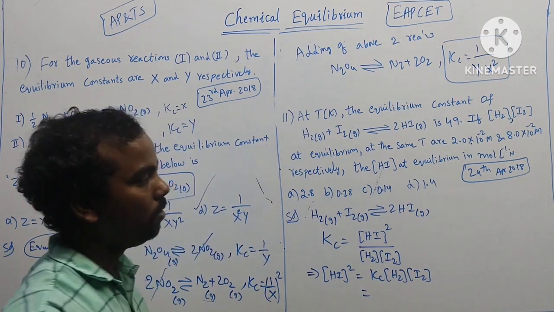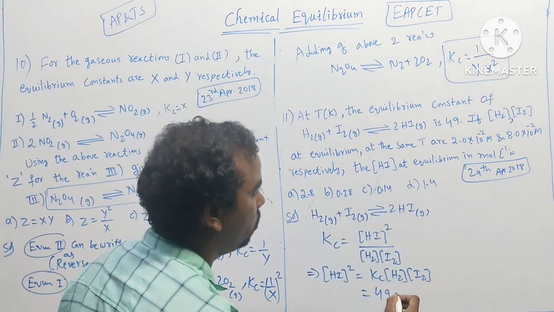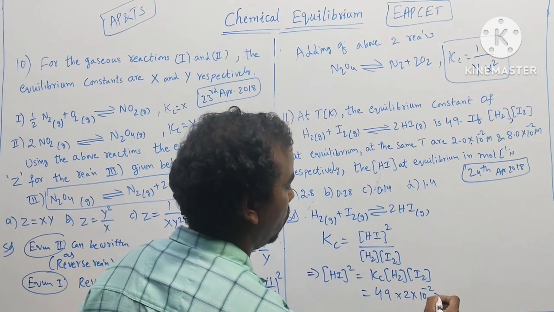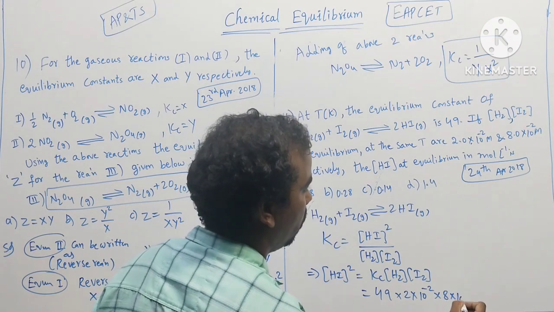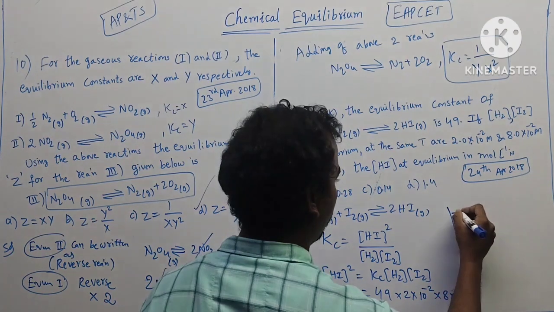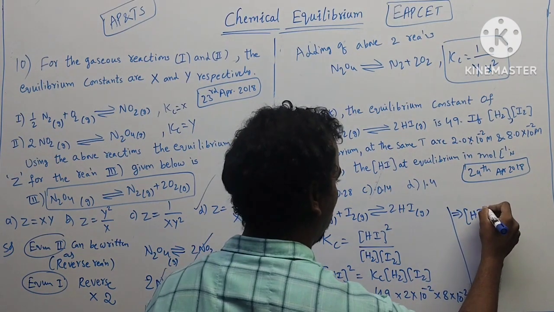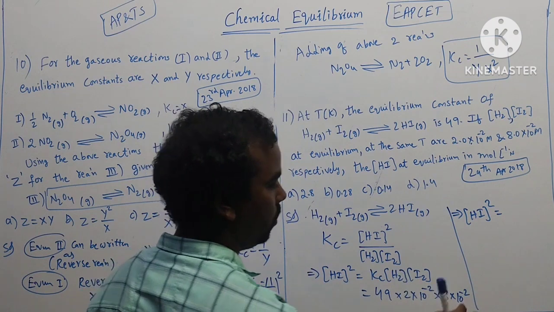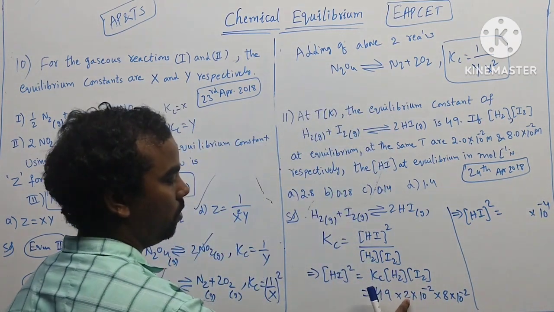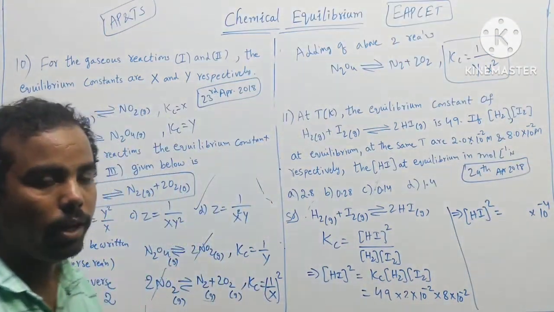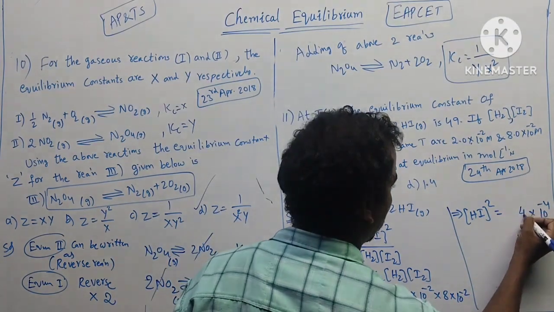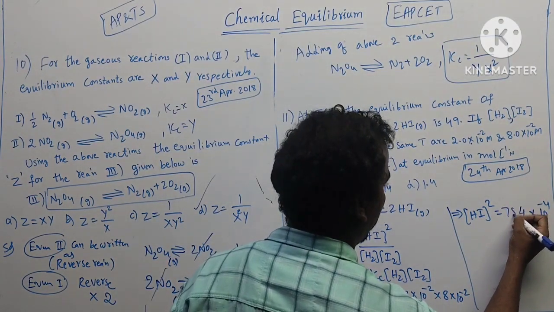So Kc value is 49. H2 concentration is 2 into 10 power minus 2. I2 concentration is 8 into 10 power minus 2. Okay. So HI concentration whole square is equal to 49 into 2 into 8 into 10 power minus 4. 49 into 2 is 98, 98 into 8 is 784.